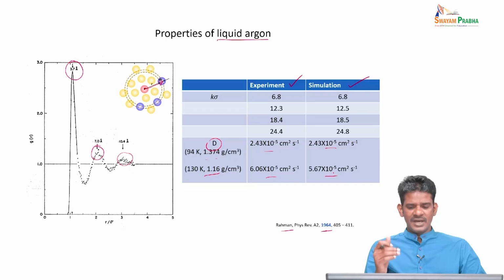This is more like a benchmarking. Once this is done, if you want to look at liquid argon's behavior at different thermodynamic conditions, you don't have to do the experiment one more time, you can just run a simulation and calculate what the properties are going to be. That is the power of computer simulations in predicting the structural and thermodynamic behavior of materials.